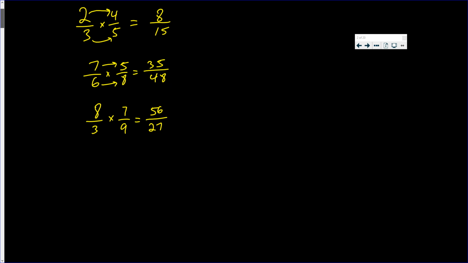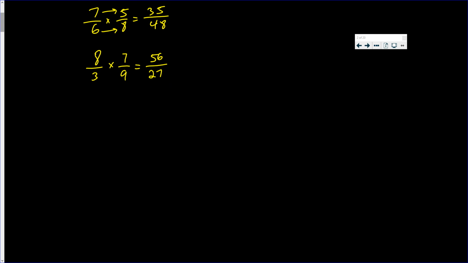Let us look at the next problem. We'll even do this problem two different ways. 7 over 6 times 9 over 7. Now I notice that the bottom numbers are 6 and 7 and the top numbers are 7 and 9.